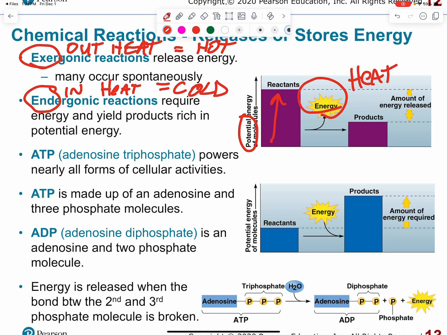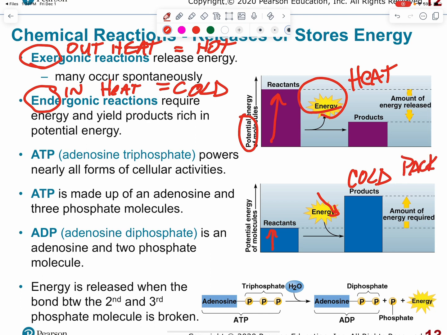Ones that will require heat to go in, this is going to make the product cold because the reactants didn't have much energy, but the energy is going to be soaked into the products, and so it gets cold. So this is like a cold pack.